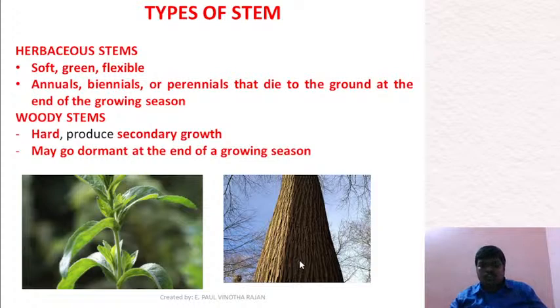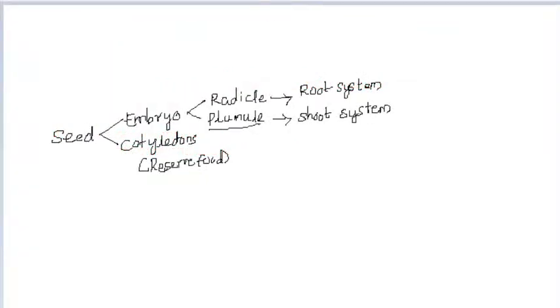What is secondary growth? When you take the cross section of the trunk of a tree, we can see some concentric rings. At the center, the wood will be there.